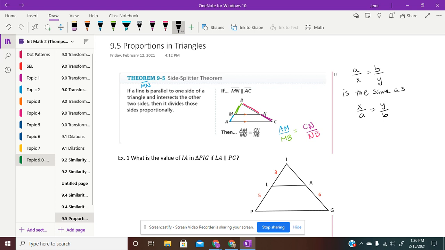So you've got some flexibility there when setting these up, which means that if I were to put MB over AM, just like they have written in the printed portion here, NB over CN, right? So I swapped the tops and the bottoms. This would still be correct, right?